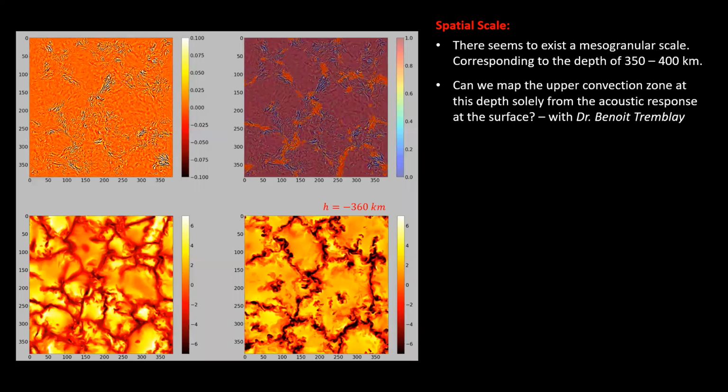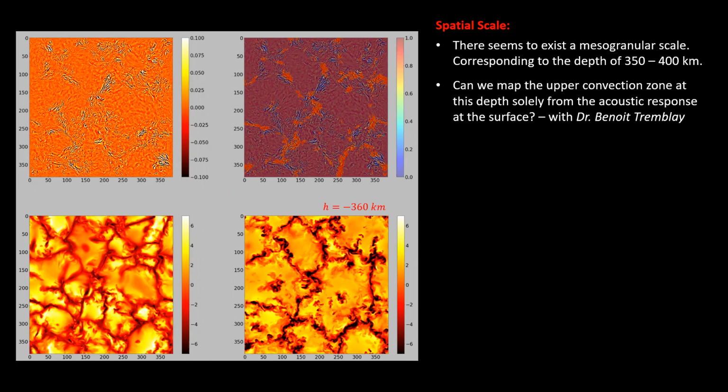So that means there seems to be some sort of mesogranular scale of these events, right? So the question is, if we take account of all of these acoustic wavefronts, can we map everything that is happening between the surface and 300 kilometers?